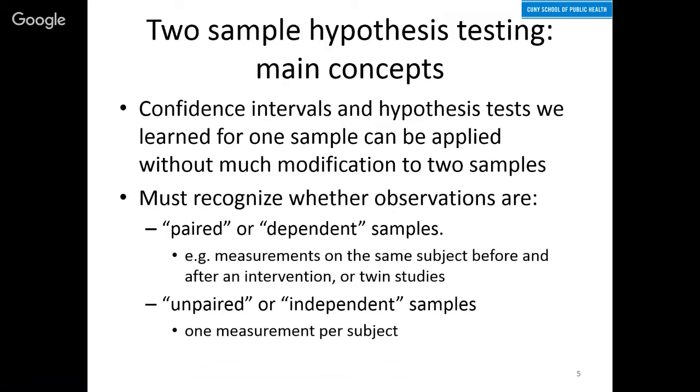If it was the same subject before and after an intervention, all of these cases where you can think of some natural pairing between those two sets of observations, that is a so-called dependent or paired sample situation. And you need to recognize which, because the tests aren't interchangeable. You need to choose the correct test depending on whether the data are paired or not.